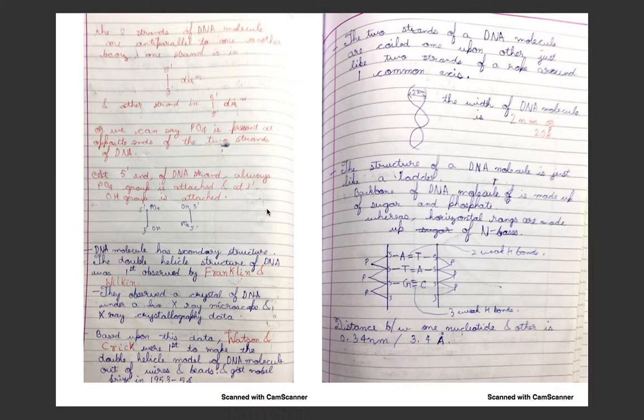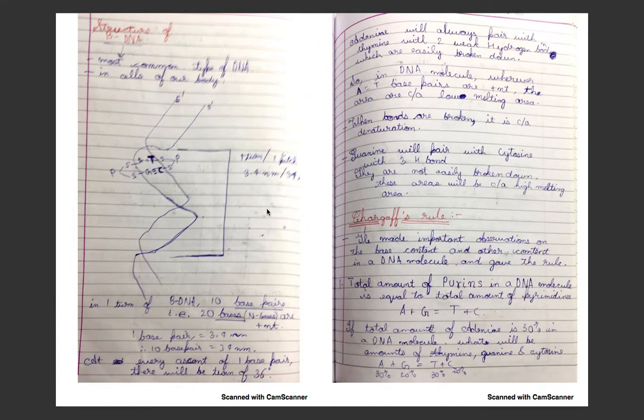A and T have two weak hydrogen bonds, and guanine and cytosine have three weak hydrogen bonds. The distance between one nucleotide and another is 3.4 angstrom, that is 0.34 nanometer.